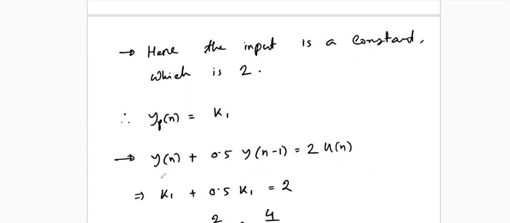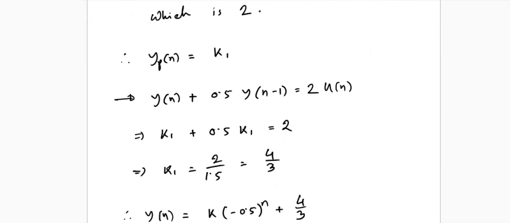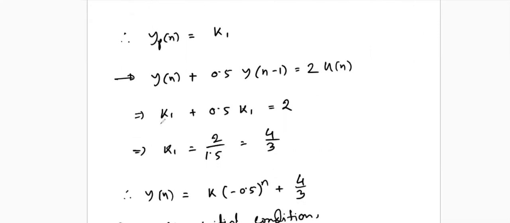So from the equation, this is our equation. In the equation, we can write k1, because we have put it like this. If you want to put un, you can write it, no problem.